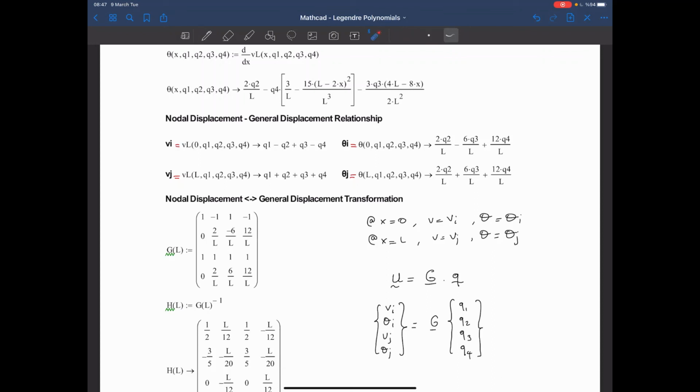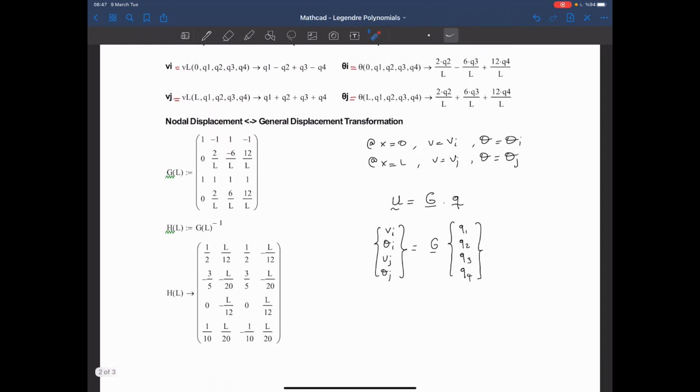When you take a look at this matrix, this is nothing but rewriting this equation in matrix form. So Vi is equal to 1 times Q1 minus 1 times Q2 plus 1 Q3 minus 1 Q4. Right? So that's the relationship between the nodal displacements. If you know the polynomial coefficients, you can obtain the nodal displacements.